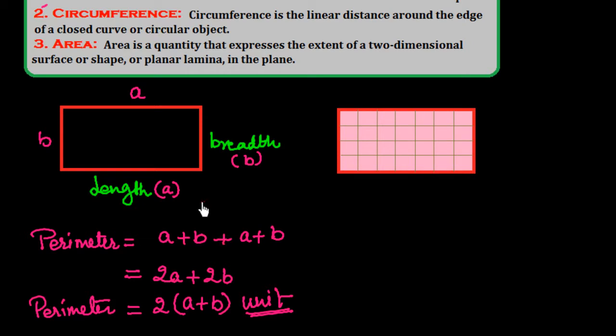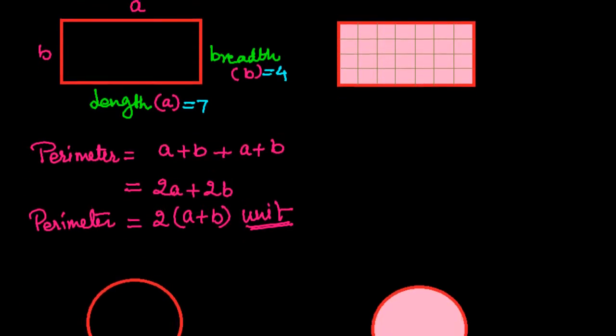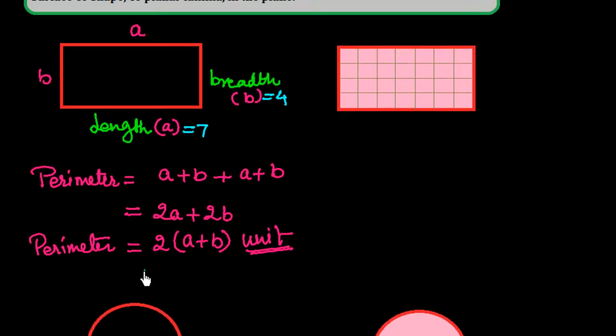So this is the way, if we know the lengths of this rectangle, if we assume that A is equal to 7 and B is equal to 4, then we can easily find the perimeter through the formula we have written here.